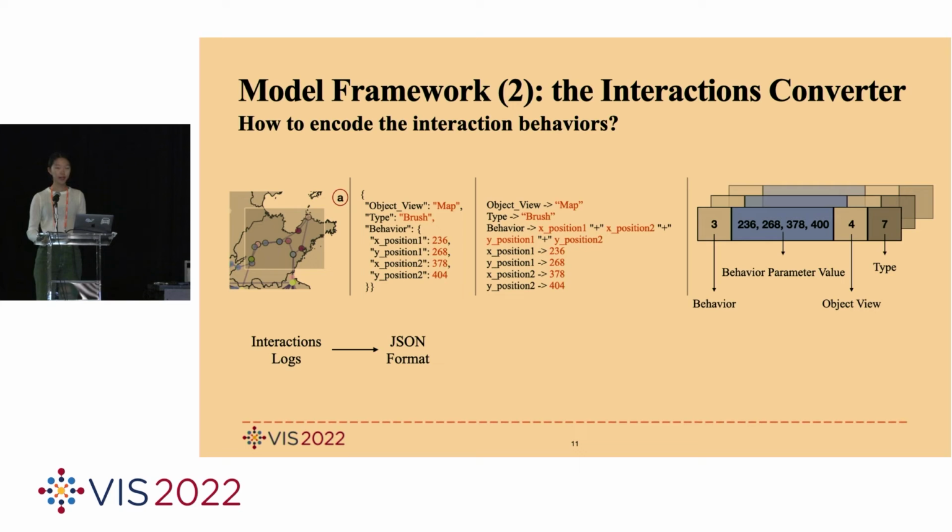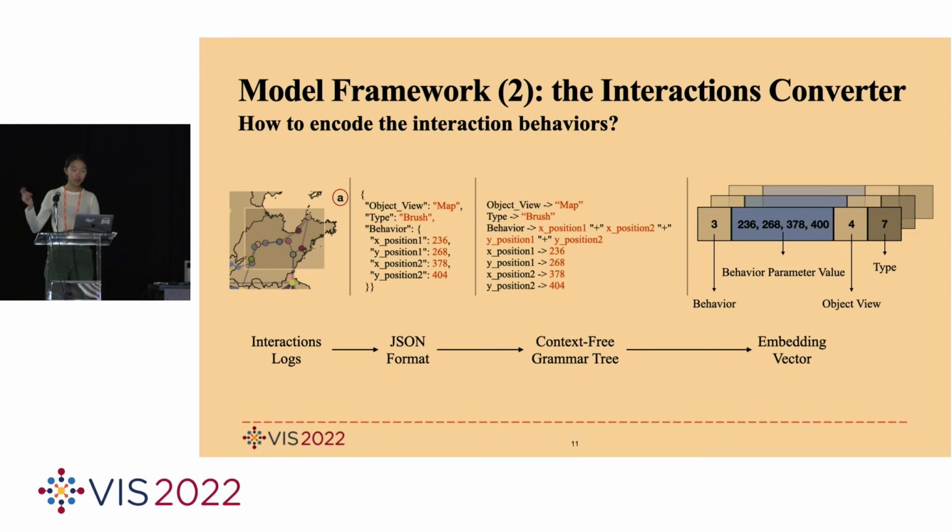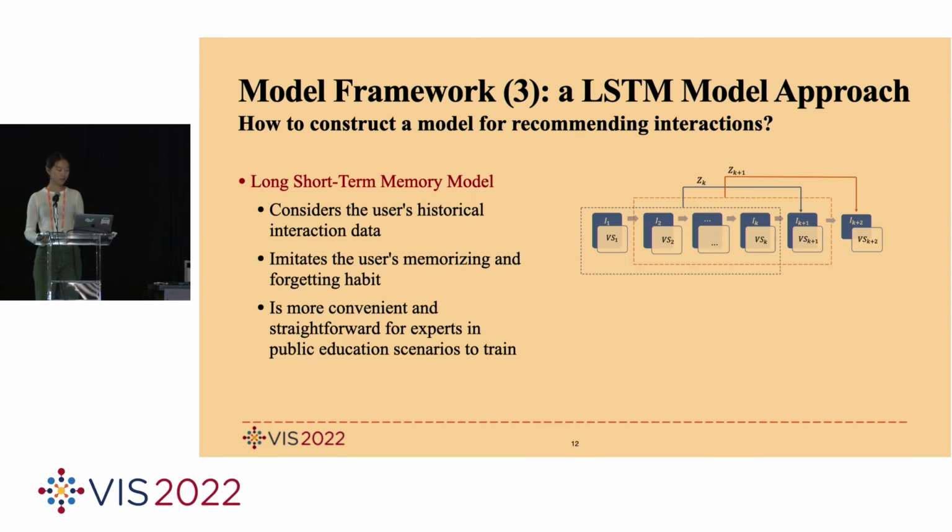We then apply an embedding method using the context-free grammar representation, then convert to multidimensional vectors. For instance, in this example, the user performed a brushing on the map view. So we collect the brushing and the map view and also the corresponding coordinates of where the brushing bounding box is, and then convert it to the tree format, then to the numerical vectors.